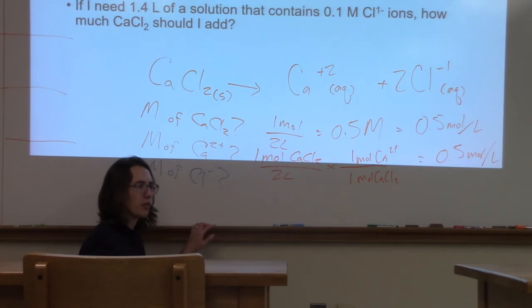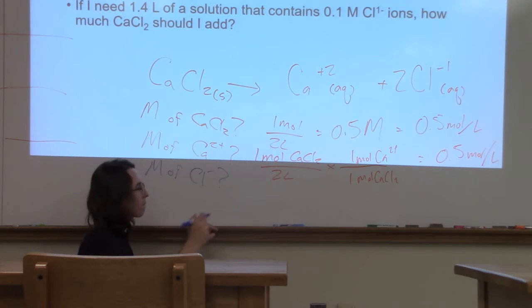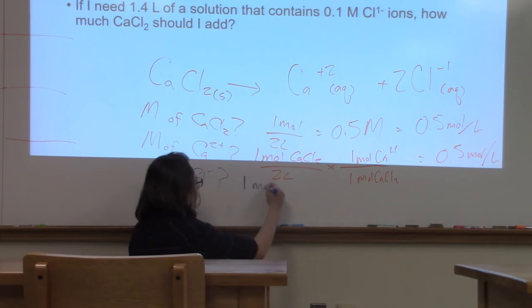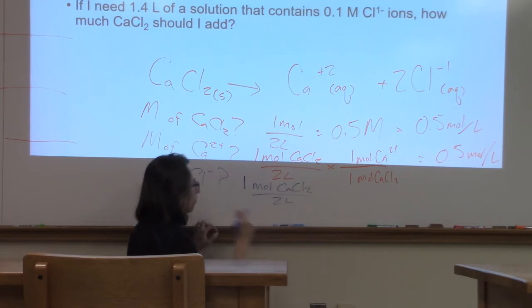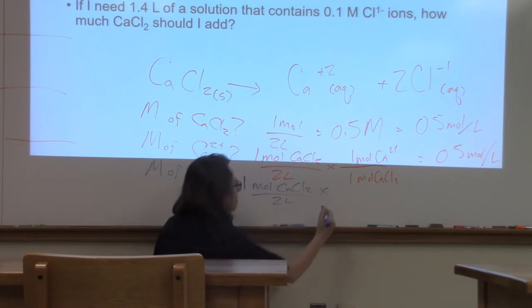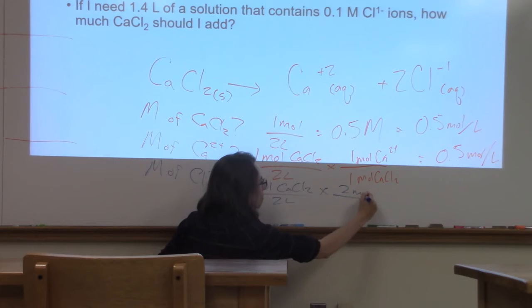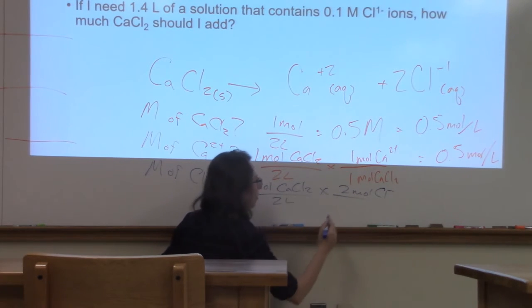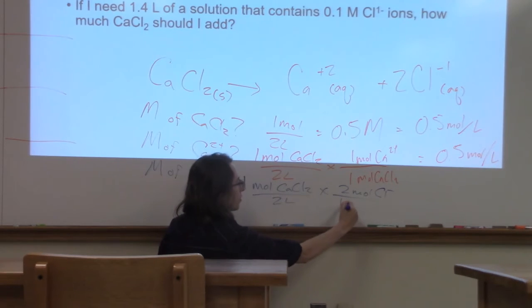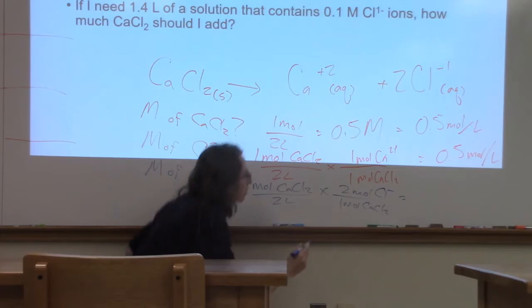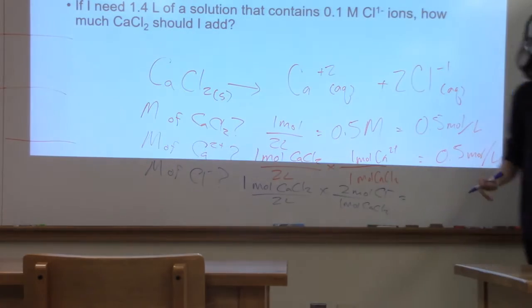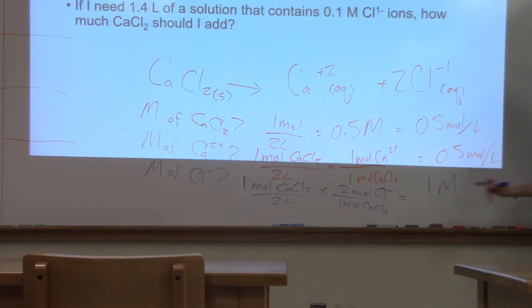What am I going to start with? 1 mole of CaCl2 over 2 liters, times 2 moles of Cl minus over 1 mole of CaCl2, equals 1 molar. 1 mole per liter.